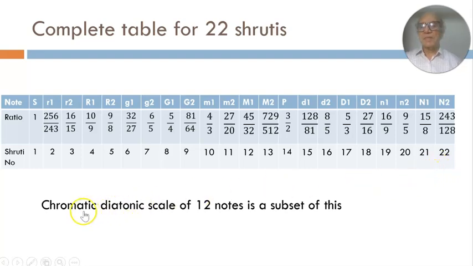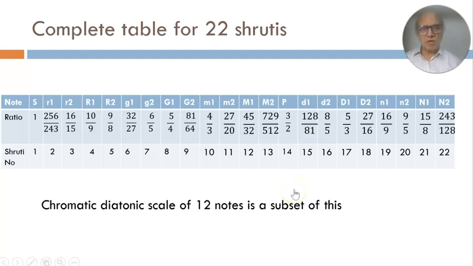Alright. Now as far as the chromatic diatonic scale is concerned, it is a subset of this. Remember, it contains only 12 notes and here you have 22 Shrutis. So you go from low to high, but you keep only ratios which are of comparatively small integers. So for example, a ratio like 256 by 243 you will discard, 81 by 64 as well.